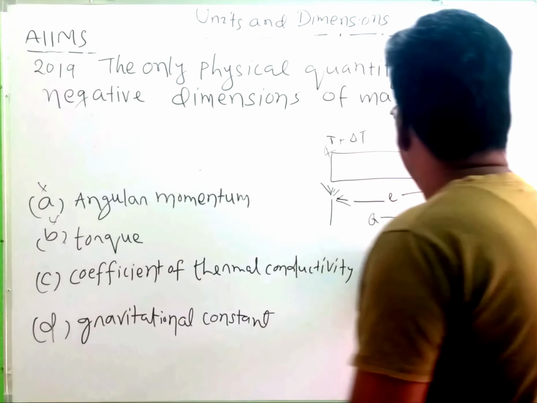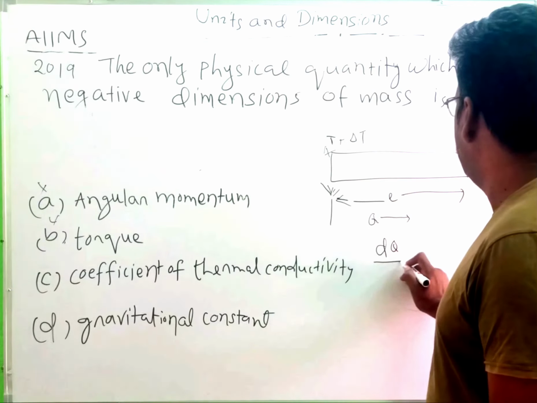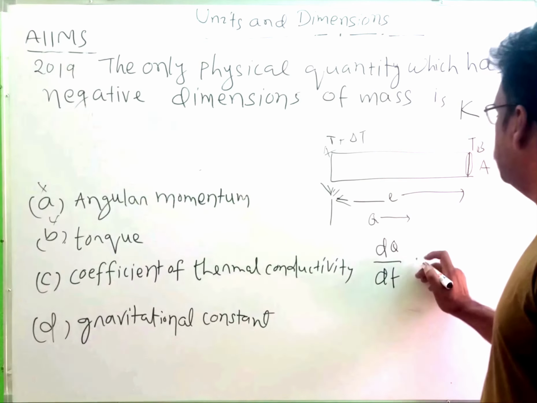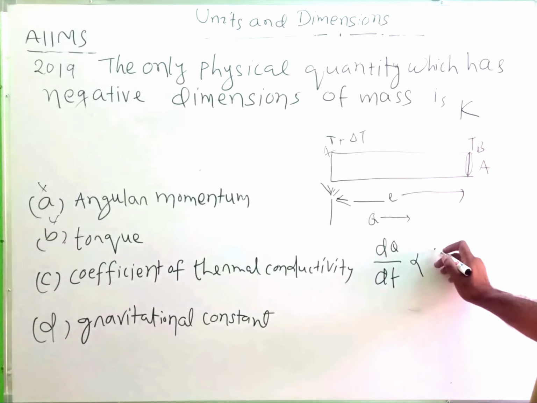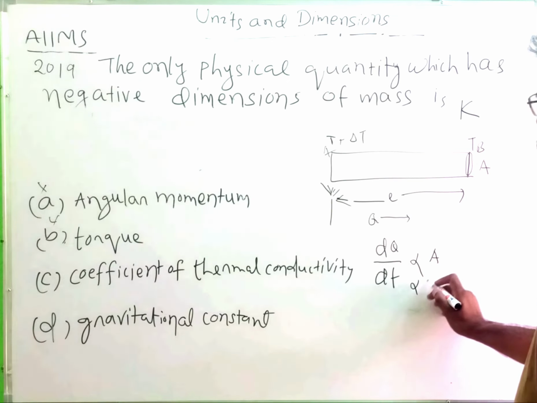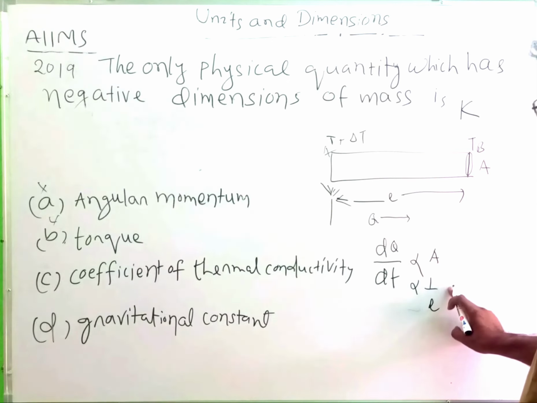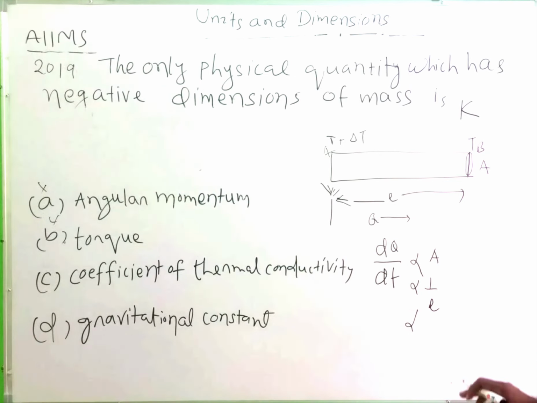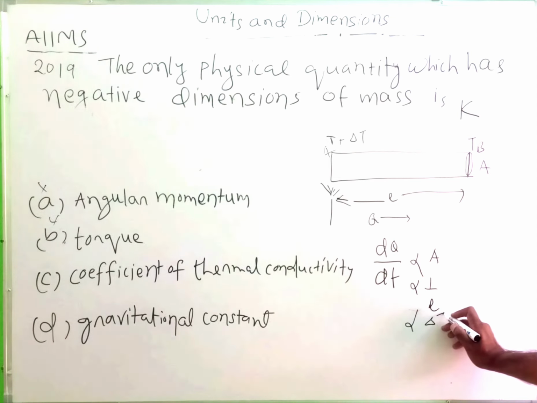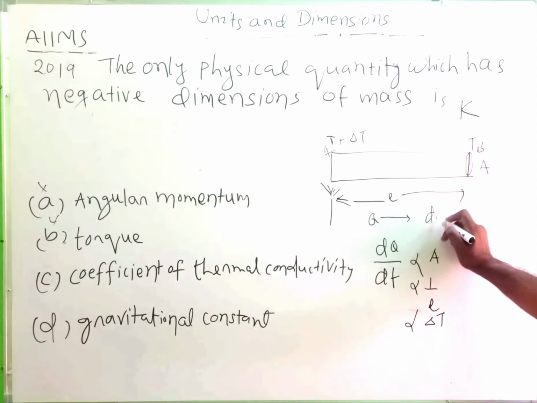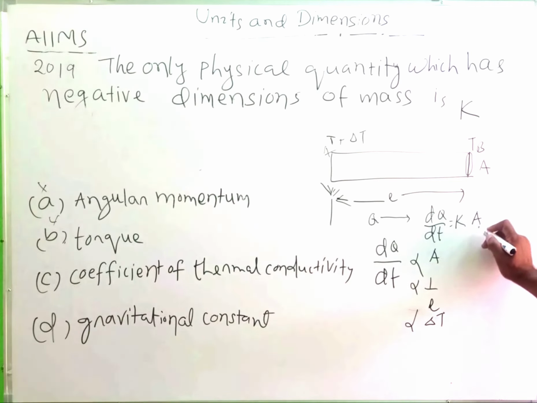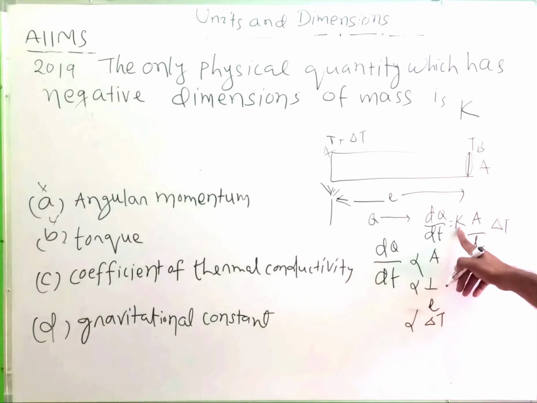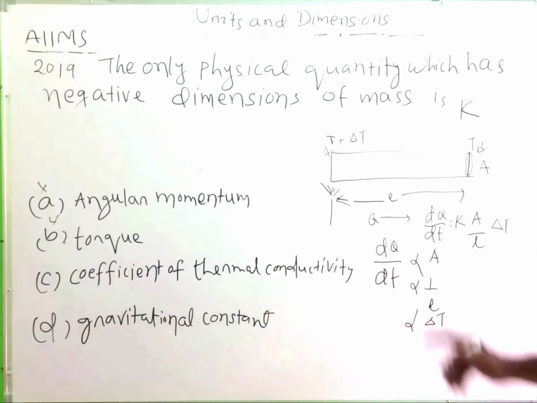So the time rate of flow of heat, that is dQ by dt, will be directly proportional to the cross-sectional area, inversely proportional to the length of the slab, and directly proportional to the temperature difference delta T. So dQ by dt can be written as K A by L into delta T, where K is the proportionality constant called the coefficient of thermal conductivity.